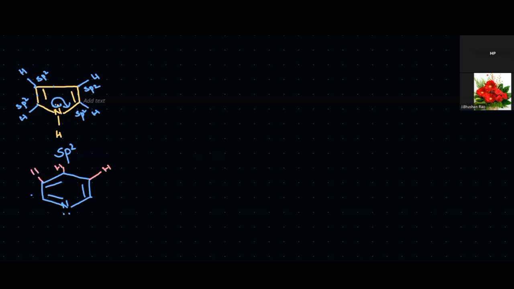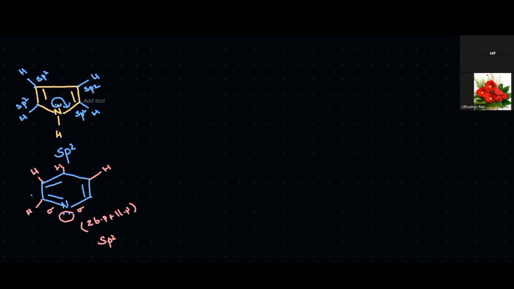If you identify, all the remaining carbon atoms are sp2 hybridized carbon atoms. For nitrogen, identify one sigma, another sigma, and one lone pair: two bond pairs plus one lone pair, totally three. Here this lone pair is not involved in resonance or conjugation. So that's why overall this molecule is also an sp2 hybridized molecule. So this kind of hybridization is also important. We can identify the hybridization of the molecules.